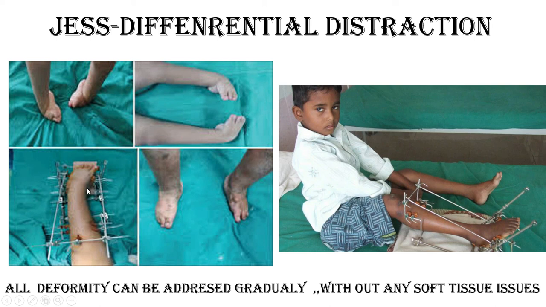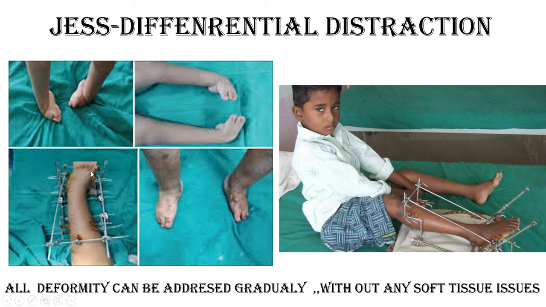Otherwise, that deformity will not get corrected. Or if you distract only 1 millimeter here but don't do any correction over here, then the foot will not increase in size. So you have to distract both sides, but in a 2 to 1 ratio. This is called differential distraction. And by differential distraction, gradually we can correct that deformity like Ilizarov.